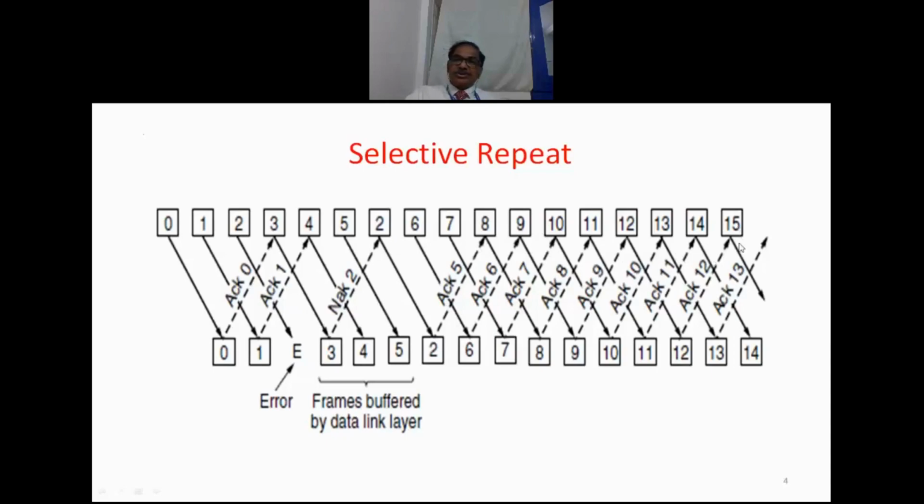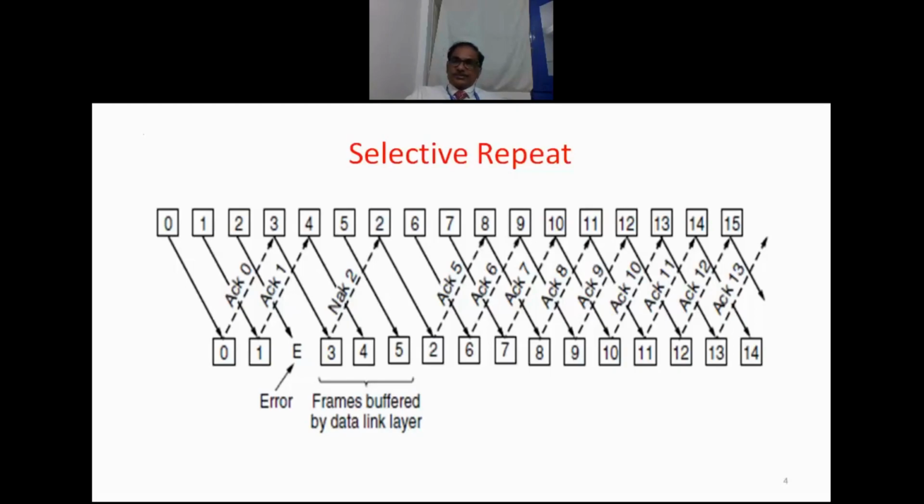Now 16 frames are transmitted by the sender in 17 units of time in case of selective repeat, whereas in go back N only 10 frames are transmitted. In case of stop and wait, only 5-6 frames are transmitted.